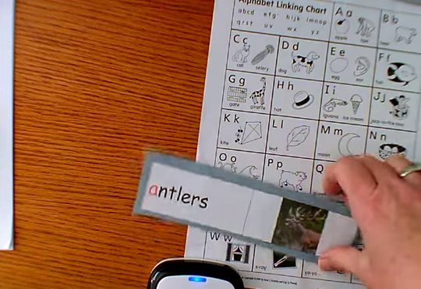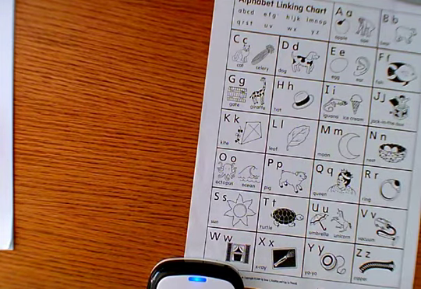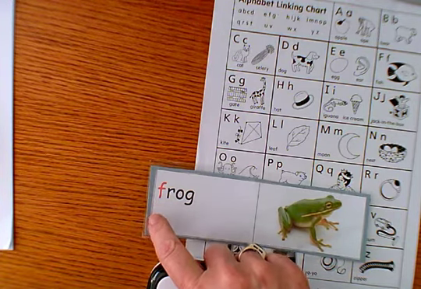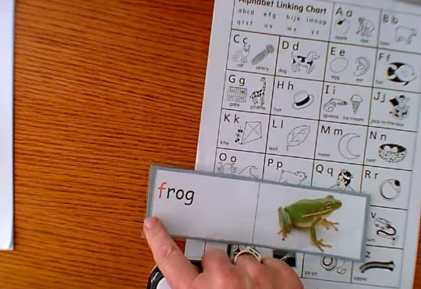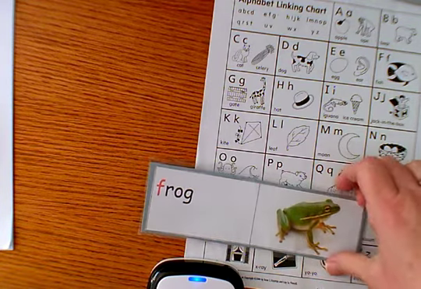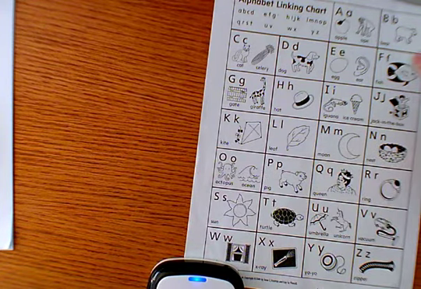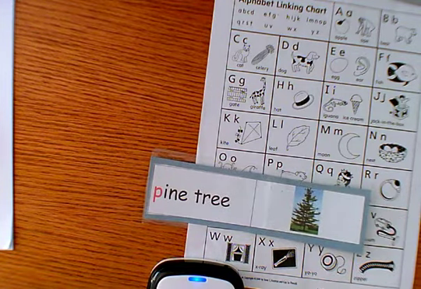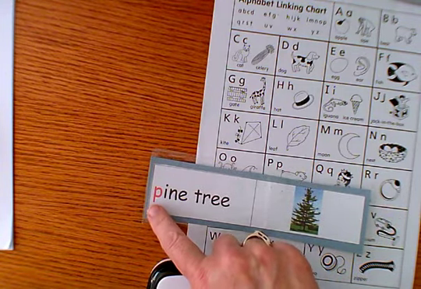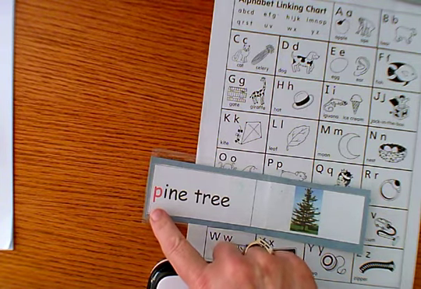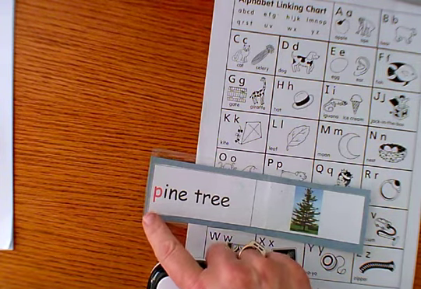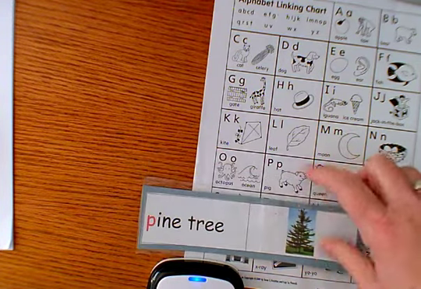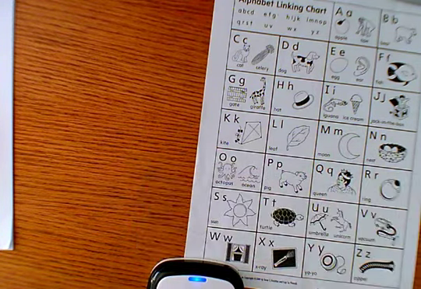Begin with A. F. This is a pine tree. Big, little. What begins with P, P, pine tree? Pine tree begins with P.